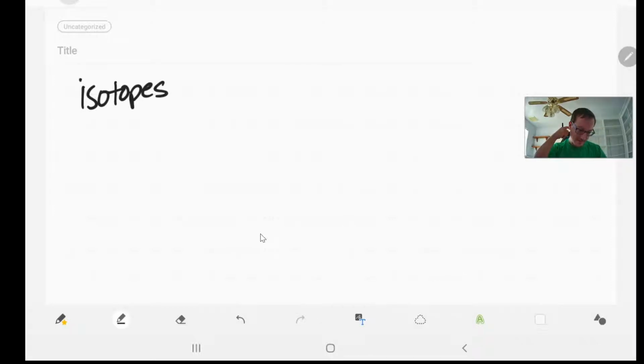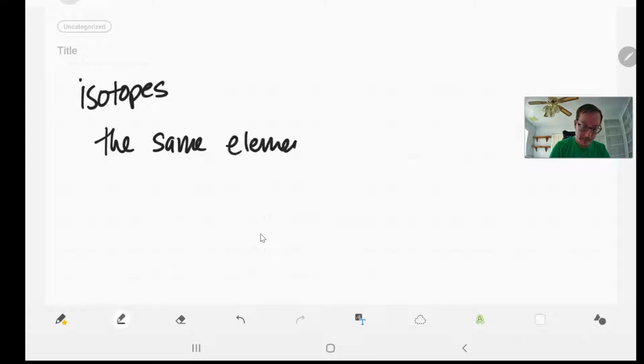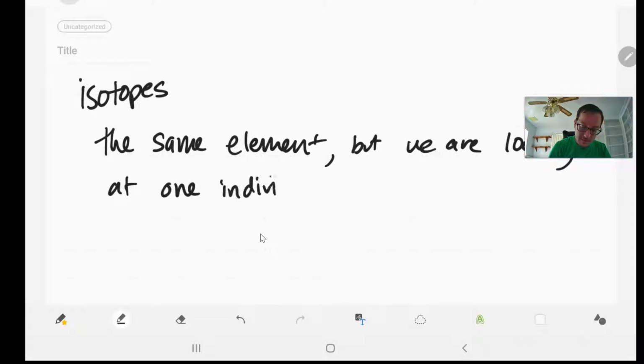So isotopes, for Vanessa and anyone watching this later, or for Gwen, isotopes are essentially a case where we are looking at the same element, but we are looking at one individual atom at a time.